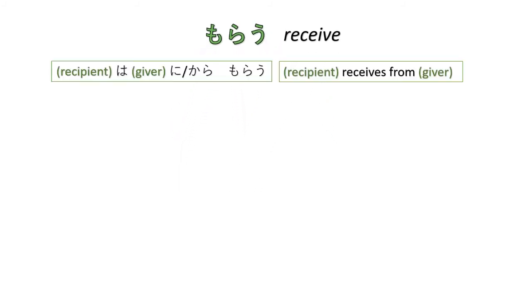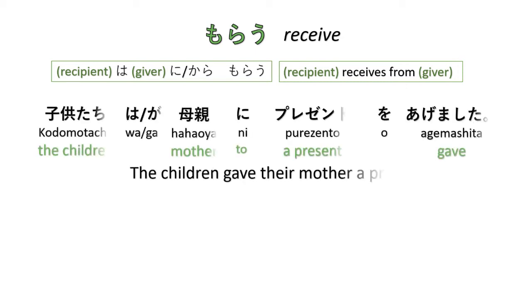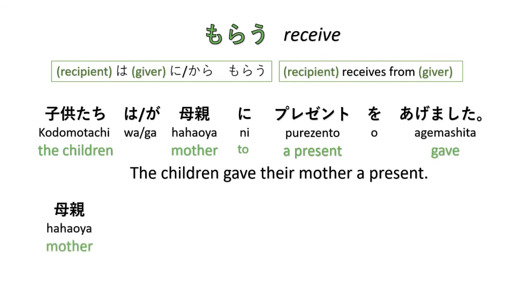The sentence construction pattern is recipient wa, giver ni or kara morau. So here we have the sentence kodomo tachi wa hahaoya ni purezento o agemashita. The children gave their mother a present. If we use morau, this is what will happen.